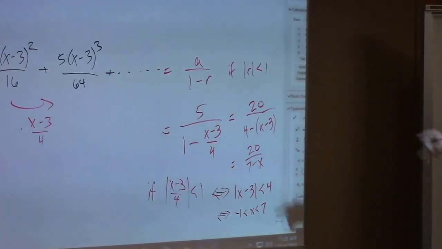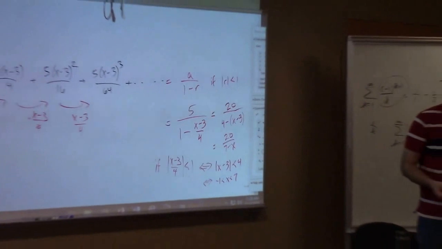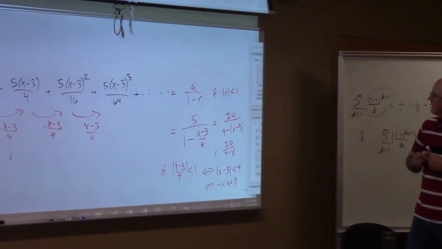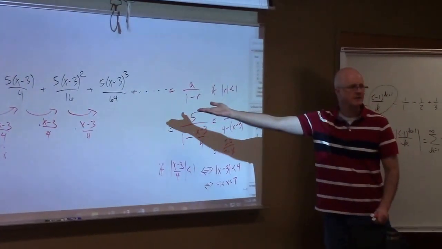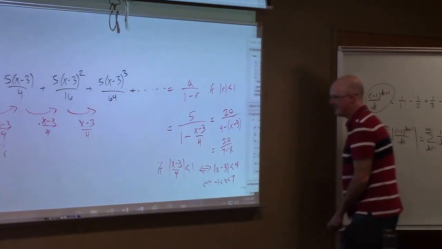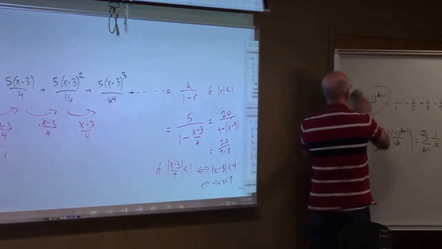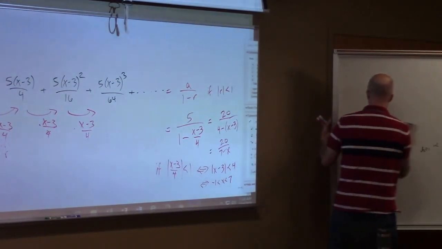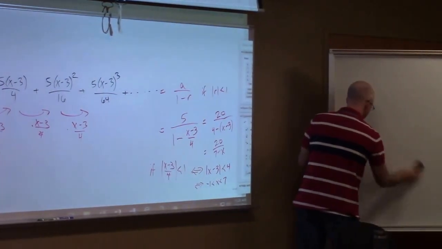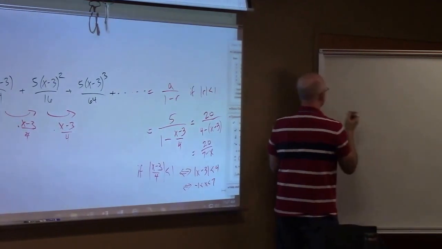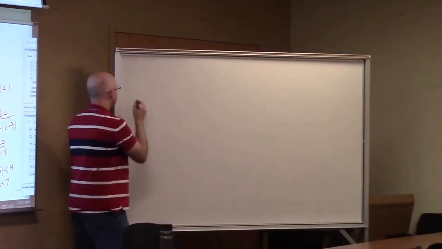So far I've thought of this completely in terms of geometric series, but once you're done, you realize, hey, that is a power series. It is of the form that we wrote down for power series in general.